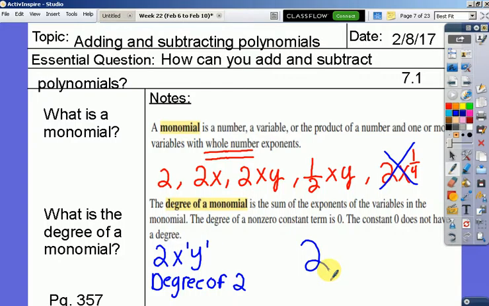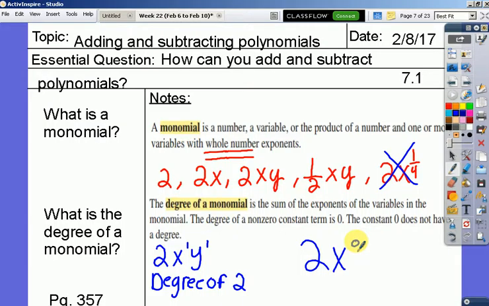What's another way I can rewrite 2 with a variable and an exponent? 2x, not to the first. To the 0. Right, because anything to the 0 power is 1. So because I do have a variable with an exponent, but this time the exponent is 0, that's why the degree of a constant, 1/4, 3, 5, 105, is always going to be 0. Does that make sense? Yes.